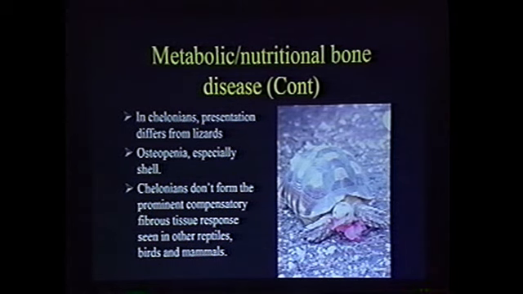Metabolic and nutritional bone disease in chelonians has a different presentation than that of lizards. It is primarily that of osteopenia, especially involving the shell. Chelonians don't seem to form the prominent compensatory fibrous tissue response seen in other reptiles, birds, and mammals.